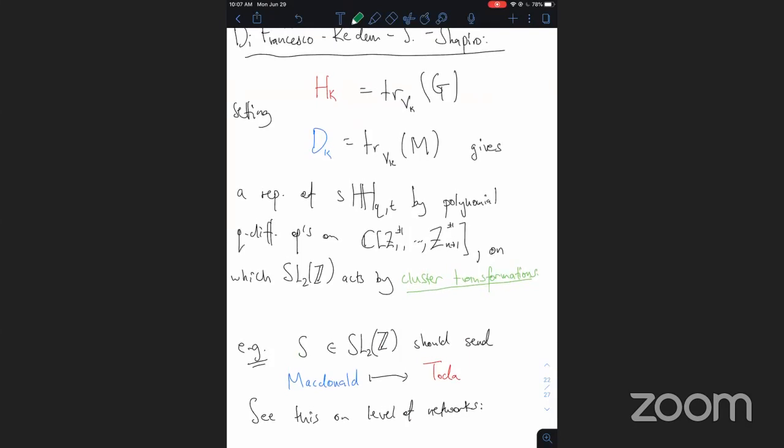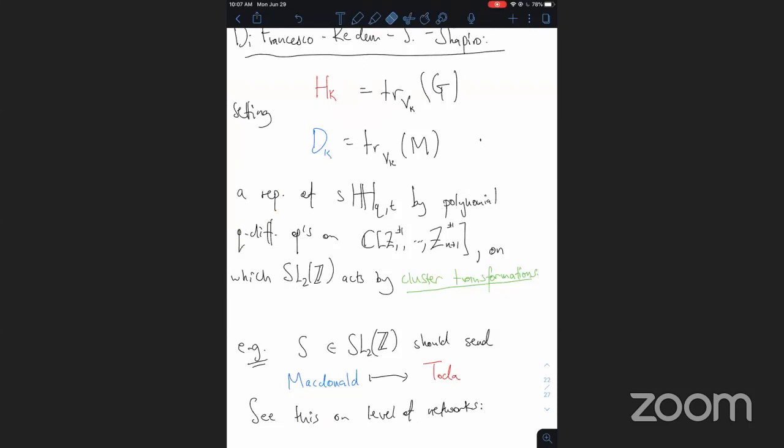Can I also ask about this theorem? You write here that H and D are certain traces. Actually, I don't understand. Can I think that H and D are elements of this algebra with generators Y's, which is a quantization of the Poisson algebra with quadratic bracket? Absolutely, yeah.